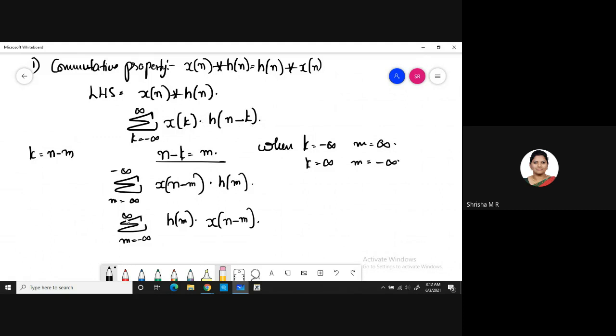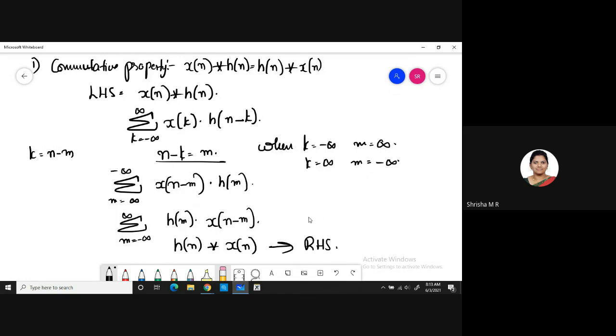Here we have summation m is equal to minus infinity to infinity h of m into x of n minus m. So what is this equal to? We can write it as h of n convolved with x of n. So this is your RHS. Hence the commutative property is proved for convolution sum.